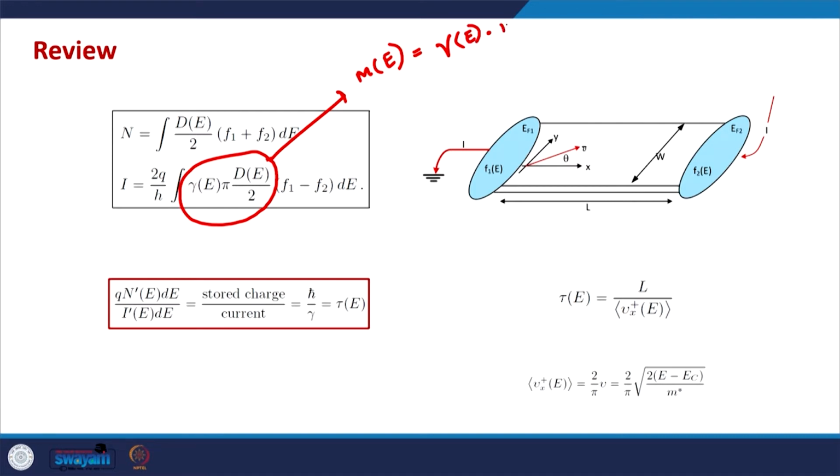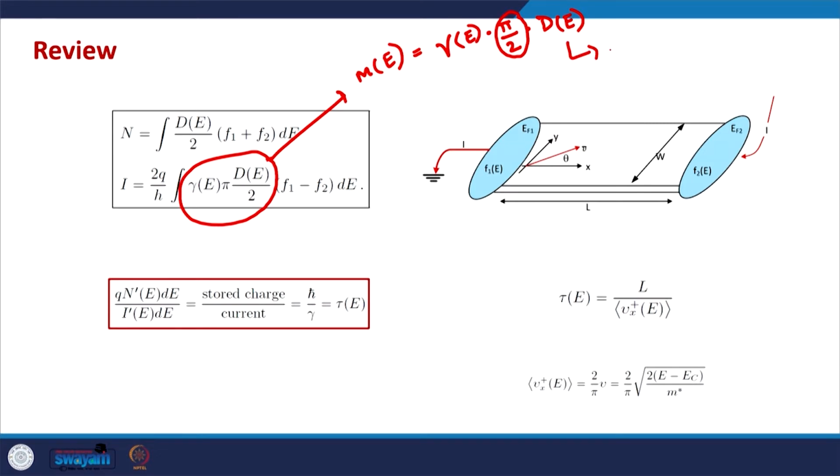One is the gamma E, and second is the quantity dE, and then we also have a constant pi by 2 in the expression for the modes.